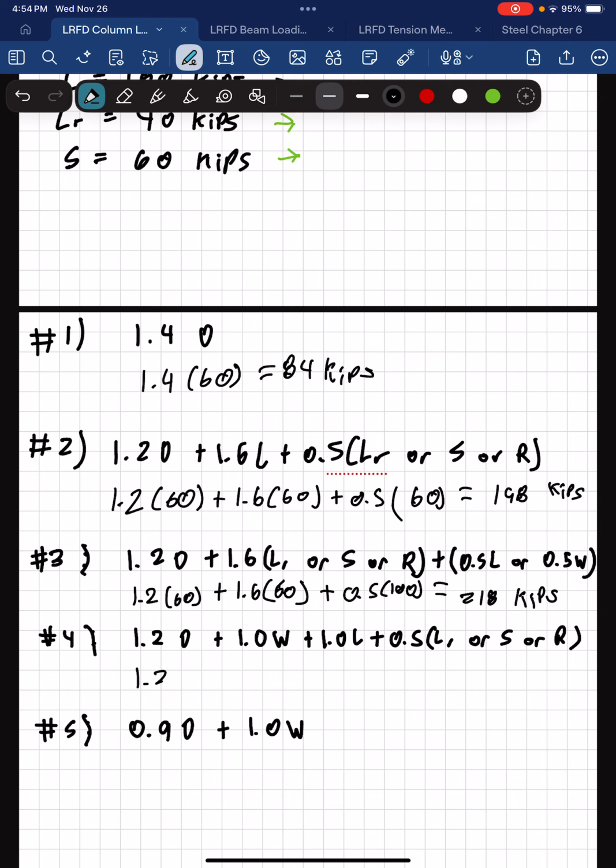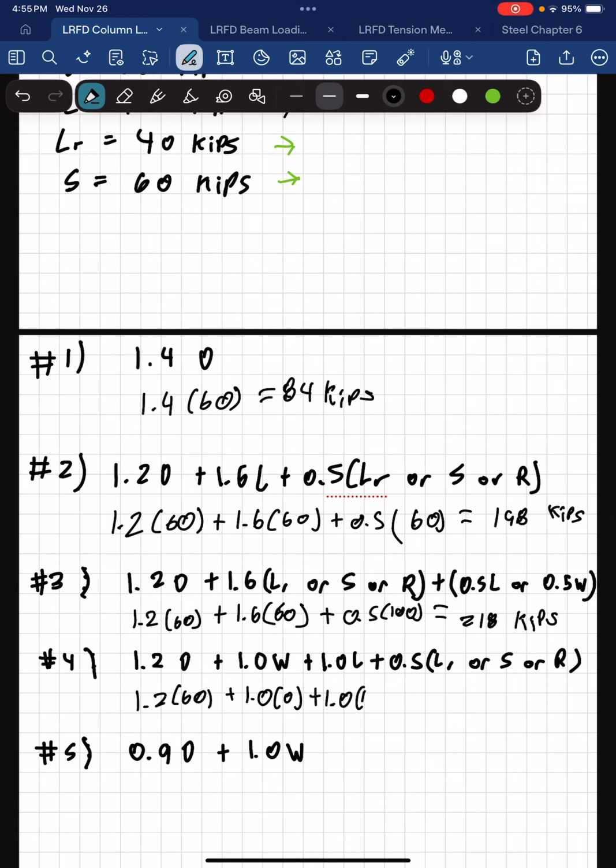Two more to go because LRFD only has 5 different loading equations as opposed to ASD, which has 7. This is going to be 1.2 times a dead load of 60 plus 1.0 times a live load of 100 plus 0.5 times our controlling load comes up again, and that is 60. 1.2 times 60 plus 100 plus 0.5 times 60, and we get 202 this time.